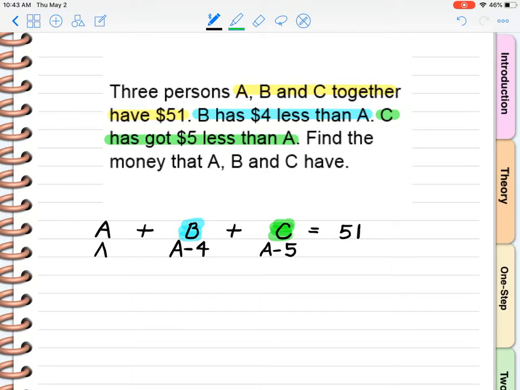So I'm going to bring A down here, and everybody else is already lined up there, and we know that together they have $51.